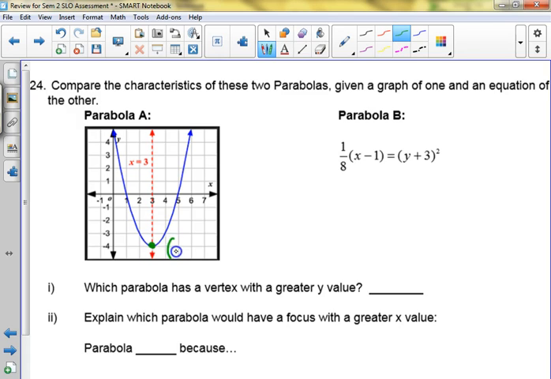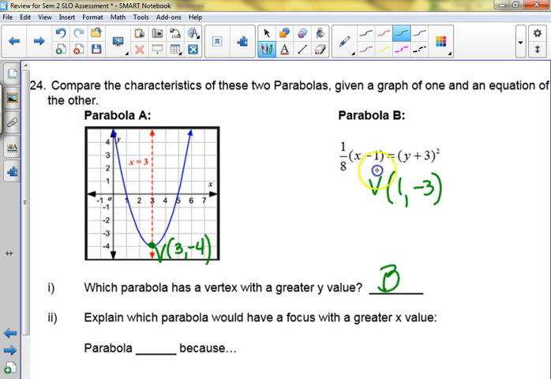Where's the vertex? 3, negative 4. Okay, can you estimate or find the vertex of this one? HK, right? 1, negative 3. So which has a greater y value? Negative 3 compared to negative 4. Negative 3 is more, right?